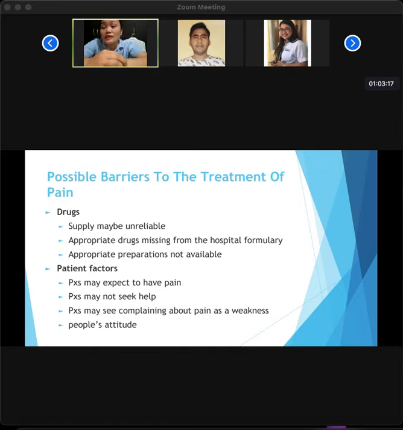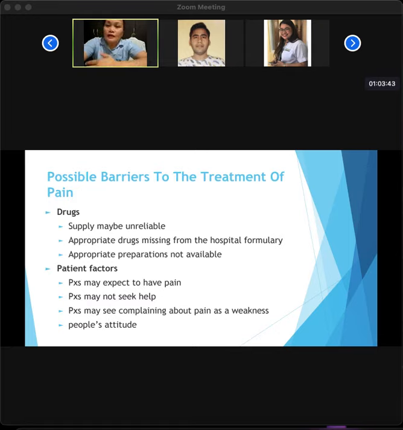Hindi naman pwedeng nandun na lang, di ba? So, the patient needs to go to the hospital para mabigyan ng pain reliever. So, it's not good then, di ba? So, sometimes, if you have no oral preparation of morphine, the patient will just tolerate the pain. Titiisin na lang niya.